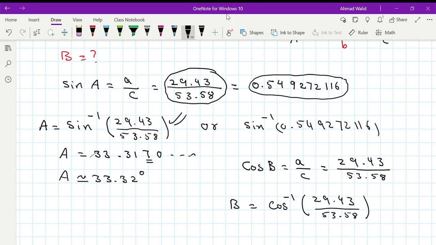Using the calculator, inverse cosine of 29.43 divided by 53.58 gives 56.68.